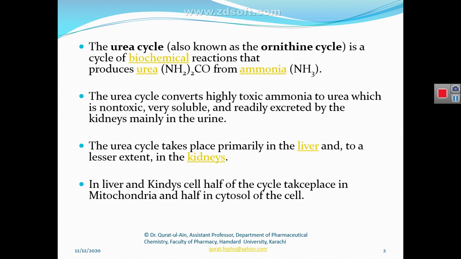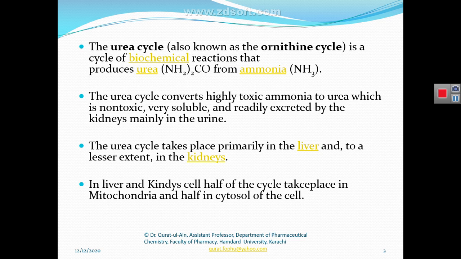The urea cycle takes place in liver hepatocytes, primarily, but to a lesser extent it also takes place in kidney cells. The main organ where the urea cycle takes place in our body is the liver.